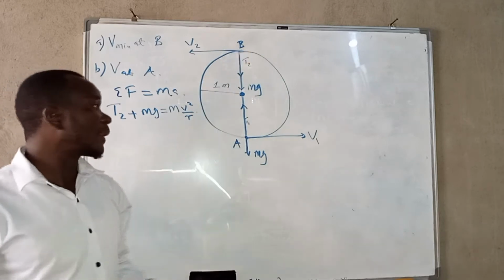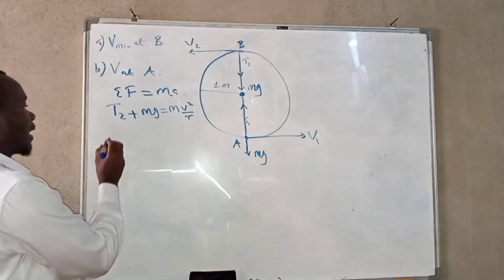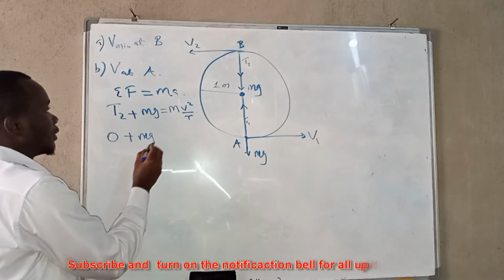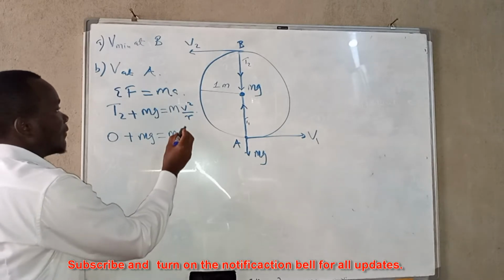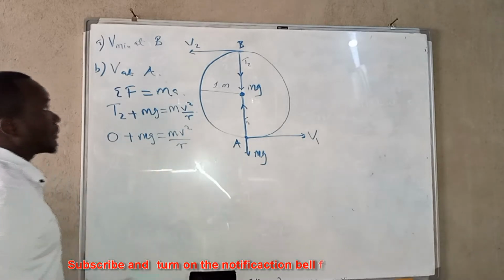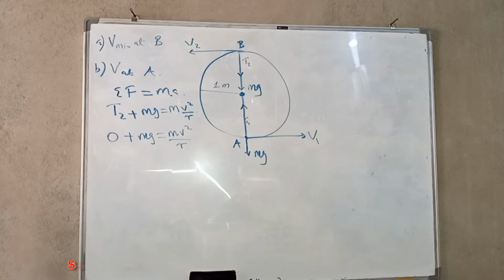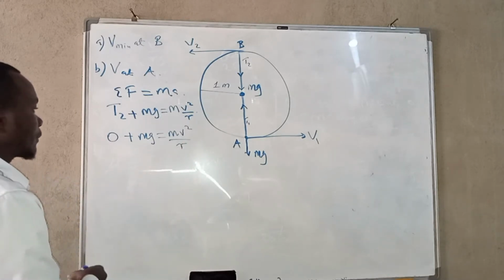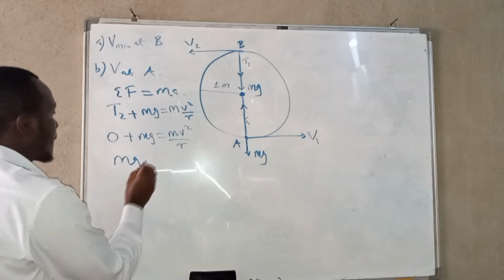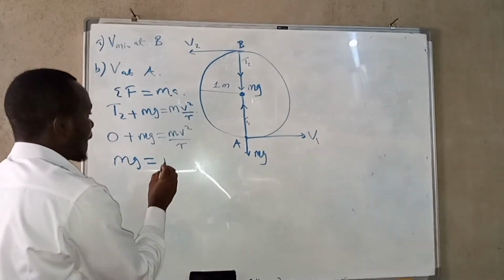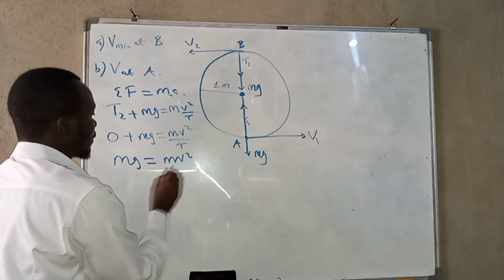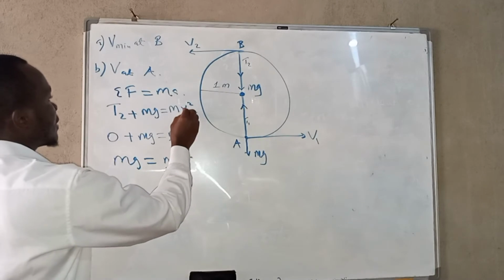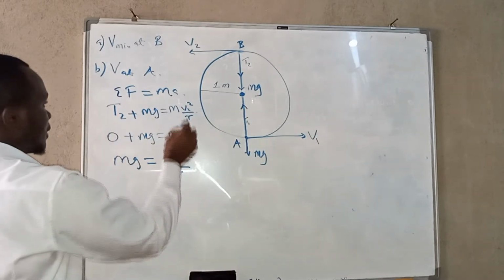So where there is T2, we put 0 plus mg, which is equal to mv squared over r. So here we have mg is equal to mv squared over r.